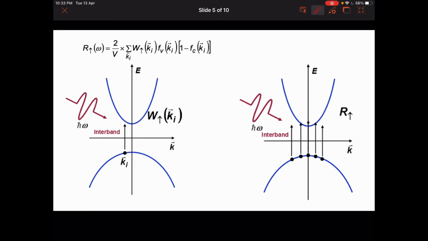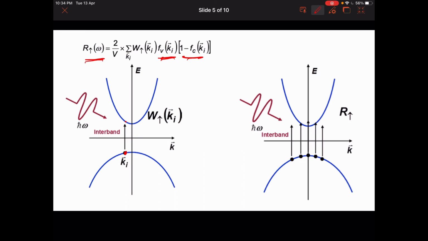as well, right? And it is not just this, the overall scattering rate also depends upon the occupational probability. F of v, let's say scattering from the bottom band to the topmost band, is proportional to the occupancy of the valence band and the emptiness of the conduction band, right?